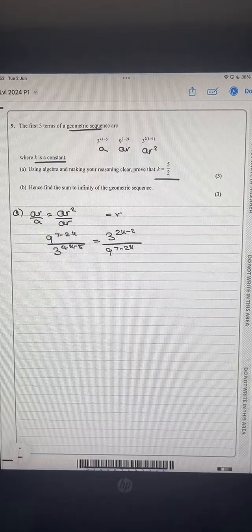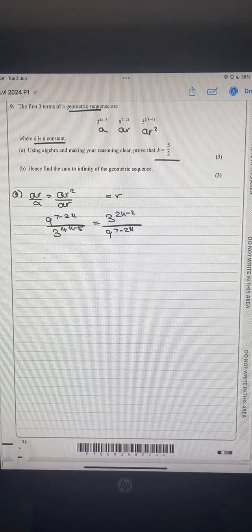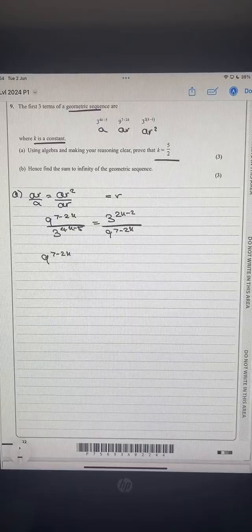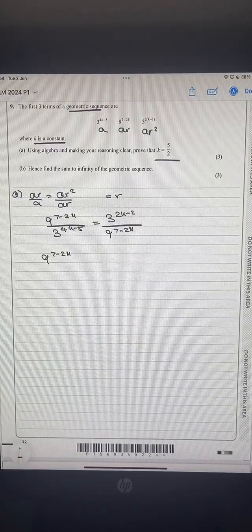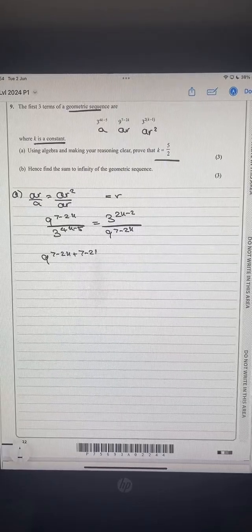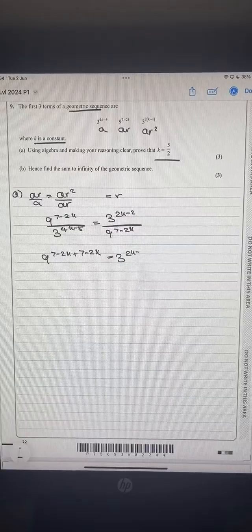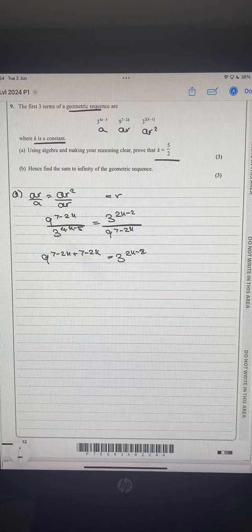I'm going to cross multiply here, and then use my index laws. It was index laws, not log laws, my bad. So we've got 9^(7-2k), and if I multiply by the same base and a power, you add the powers. So plus 7 minus 2k, and that's going to be equal to 3^(2k-2), and then again I'm multiplying by the number with the same base, so I will add the powers, plus 4k minus 5.